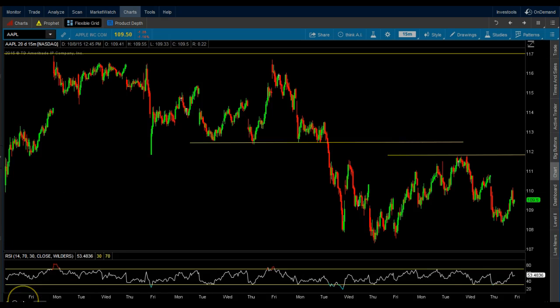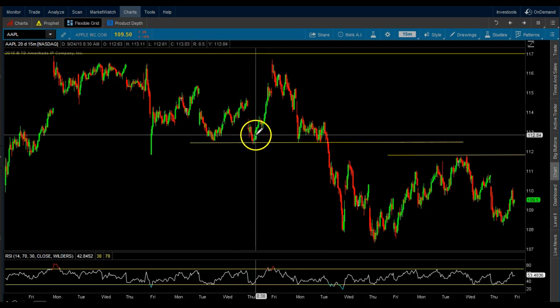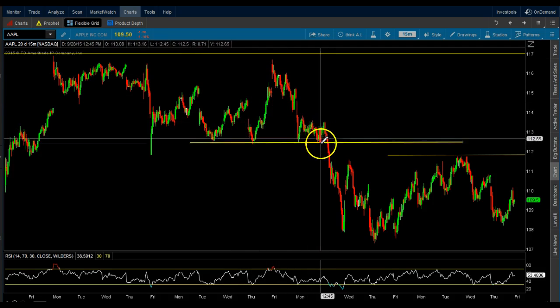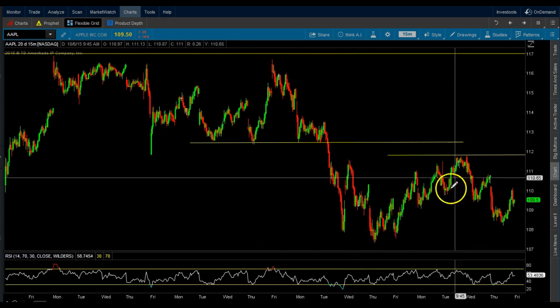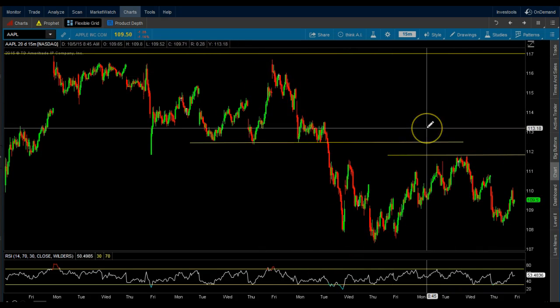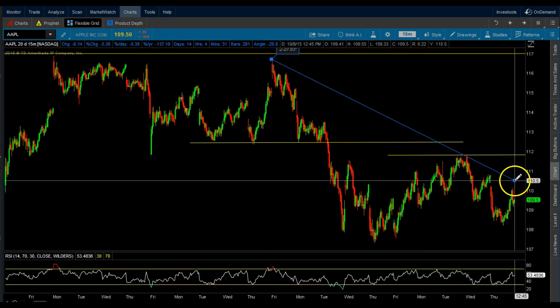We're actually going to see price came down, bounced off, came down, bounced, and then we failed. Okay, so old support becomes new resistance on the way up. And that's just a real simple way to draw trend lines.